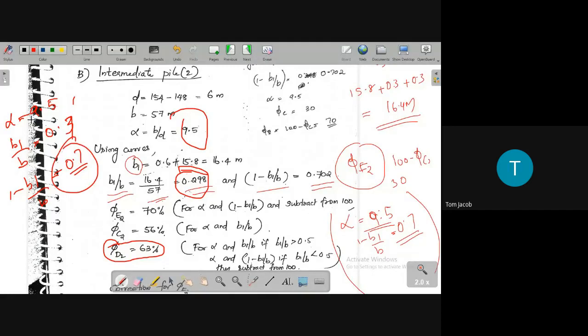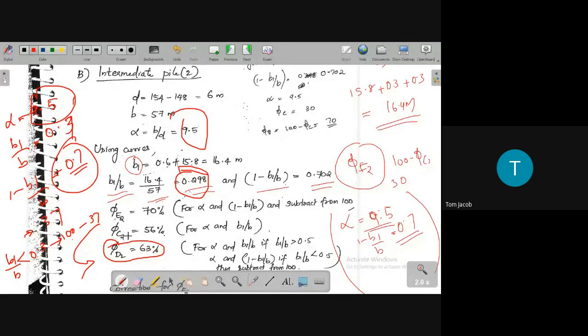So now read the value of 5D for alpha equal to 9.5 and B1 by B equal to 0.7, and you will be getting the value of 37. So for this case, as our B1 by B is less than 0.5, you have to take the value by subtracting from 100, 100 minus 37, and then 5D equal to 63.